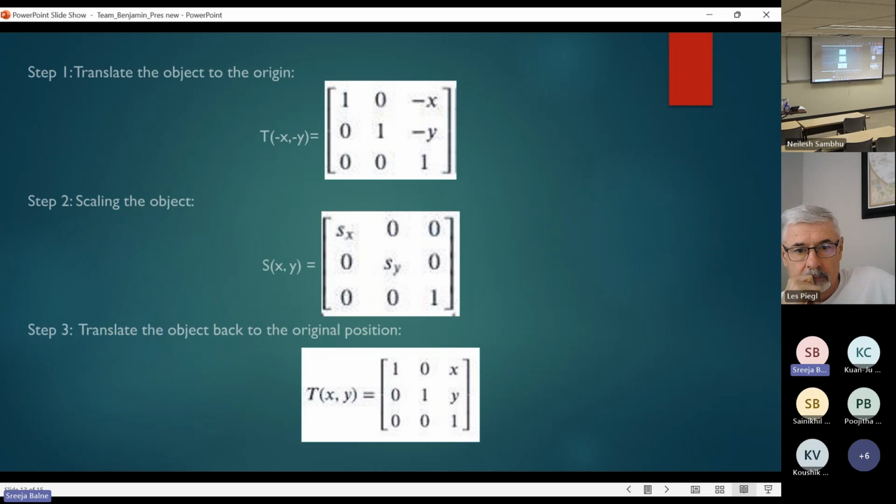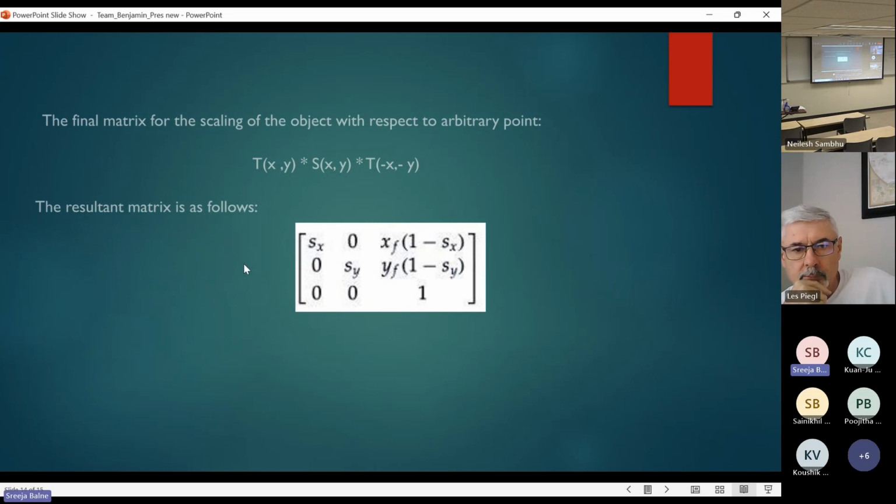Again, coming to the mathematical representation, the first one is the translation to the origin. This is for enlarging with a factor of sx and sy on the particular coordinates, and then moving the object back to its original or arbitrary position. And this would be the final matrix, where first is the translation, then scaling, then again the translation in the opposite direction.